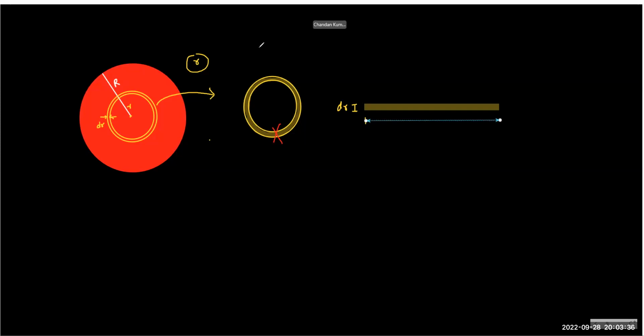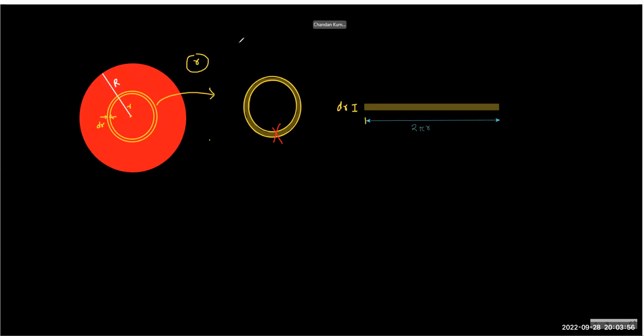Exactly. We always take the smaller value. We don't take dr into consideration. dr is the thickness at r. So our dimension will be decided by the r. We never invoke dr. So we write here 2 pi r.